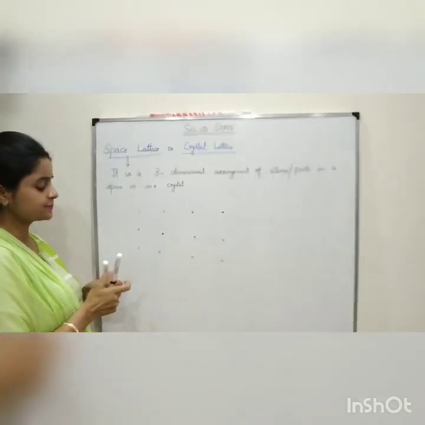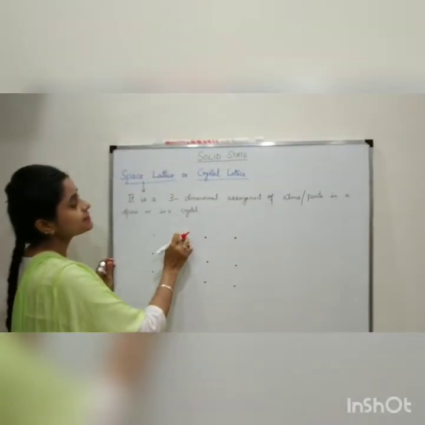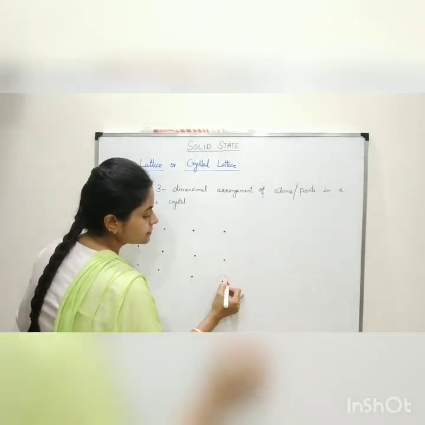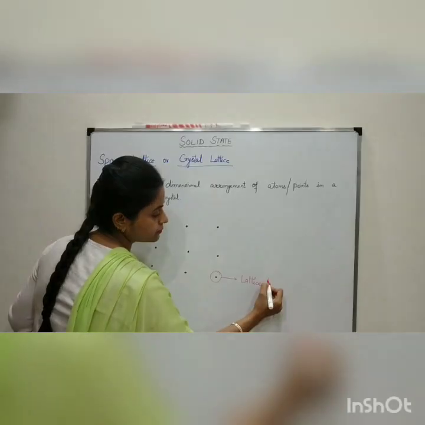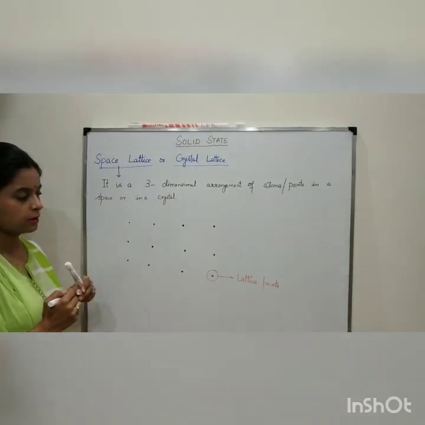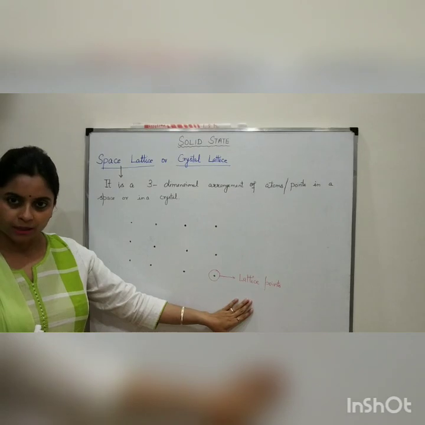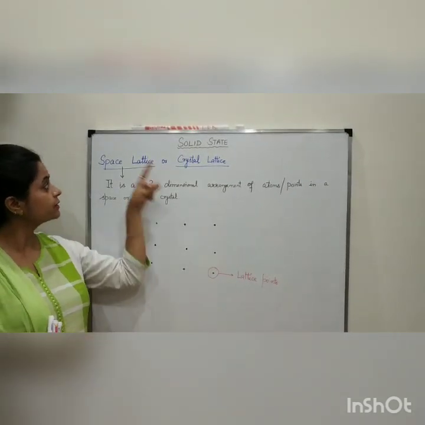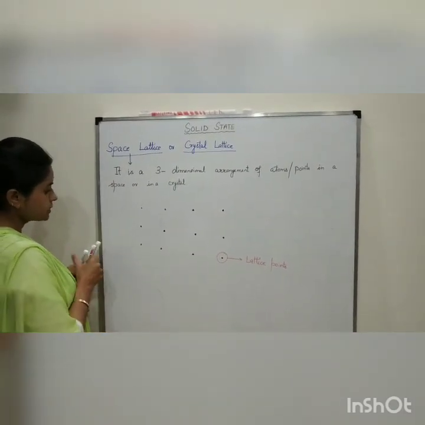And these points which represent the atoms in a crystal are known as lattice points. So lattice points are the atoms or constituent particles which are represented with the help of dots within a space or crystal lattice. Now next is unit cell.